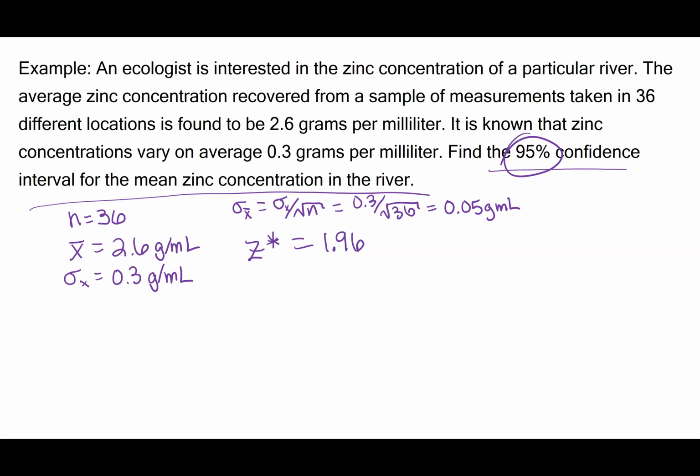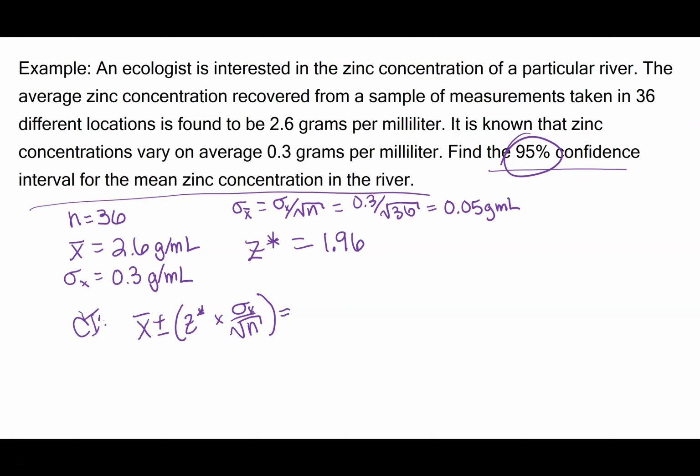So now I want to know, okay, plug it in. So x bar plus or minus z star times sigma over the square root of n. And now I have everything I need to plug into this.